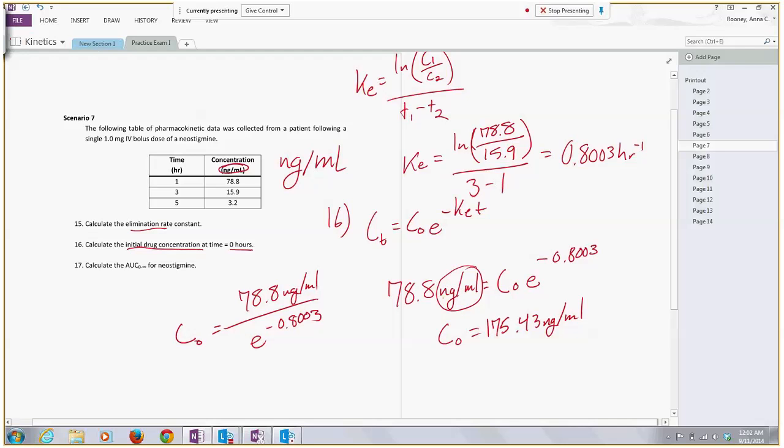But if they ask you what it is in milligrams per liter, you'll have to convert that, which I believe you multiply it by 10, or you might divide it by 10. To cancel the nanograms out, I believe it is 10,000 nanograms for every single milligram, and then for every milliliter, there are 1,000 milliliters per liter.